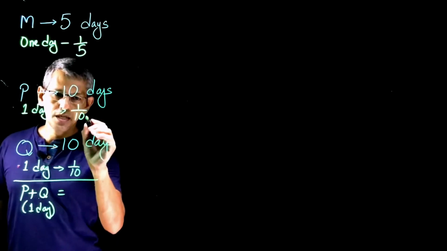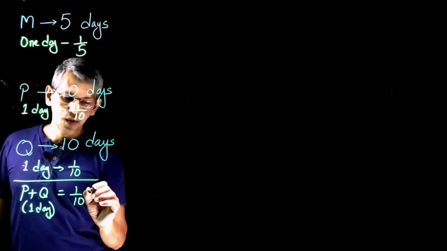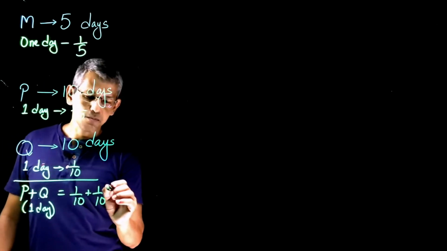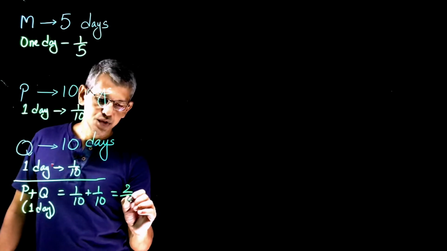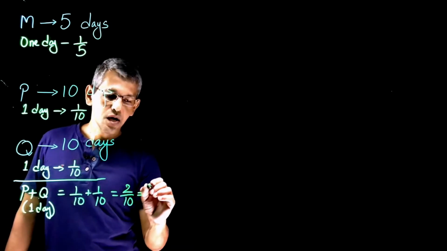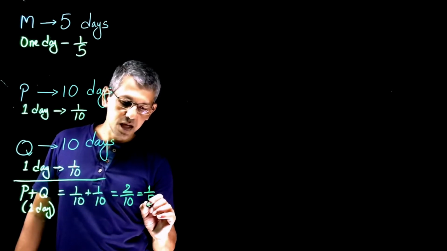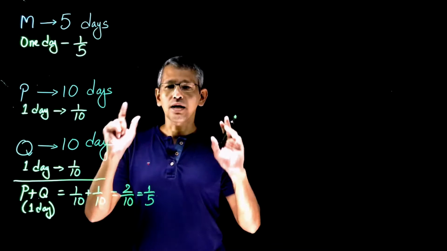In 1 day, P can do 1/10 of the task and Q can do 1/10 of the task. So in 1 day, P and Q together do 1/10 plus 1/10. That is 2/10. 2/10 is what? 1/5. So 1/5 of the task would be completed in 1 day.